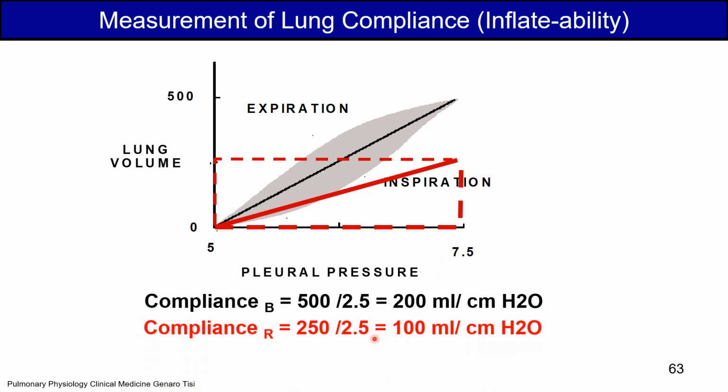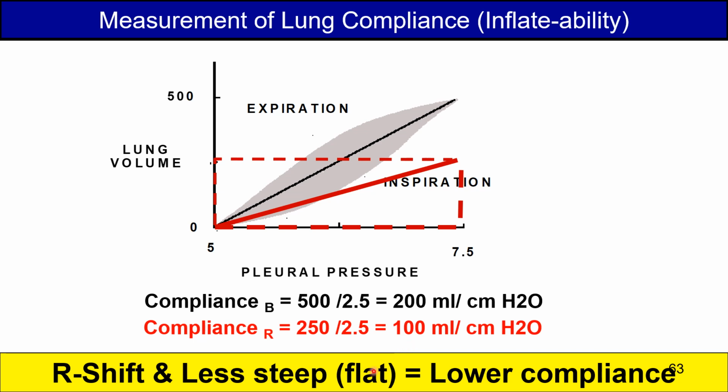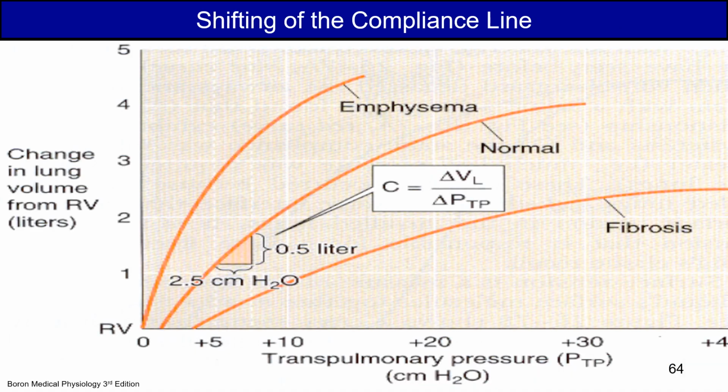So when we compute the compliance, it went down to 100 mL per centimeter of water. Meaning to say, a right shift or a less steep or a flat compliance line means that there's a lower compliance.